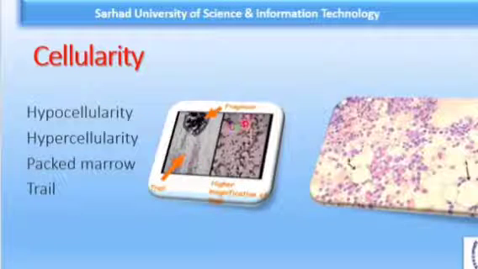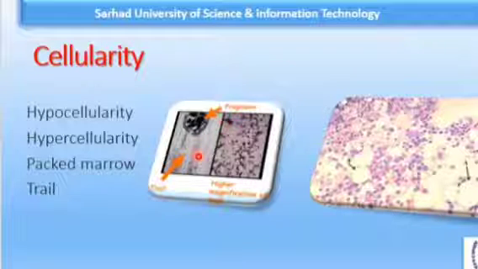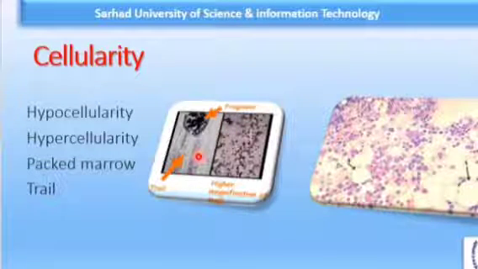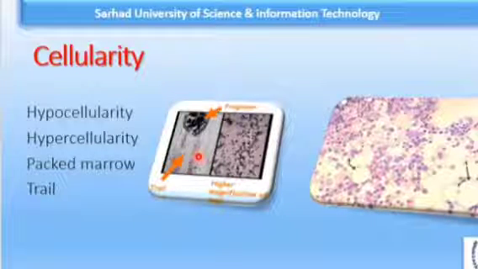Now, what are you looking for basically under cellularity? Normally one third to half of a fragment of bone marrow from an adult contains hematopoietic cells, and the rest comprises fat spaces.